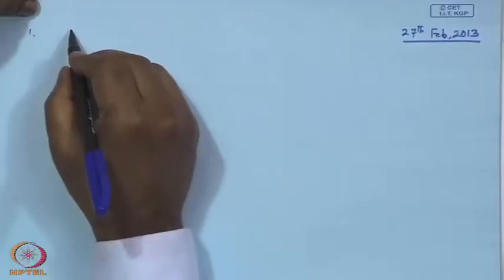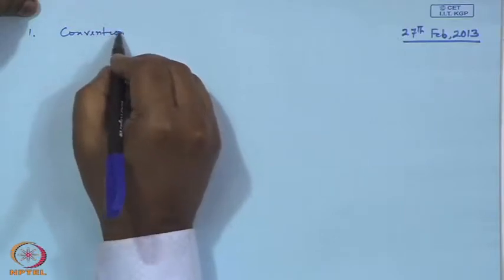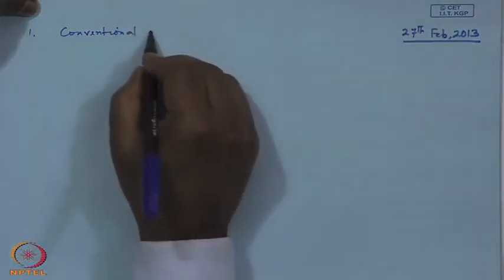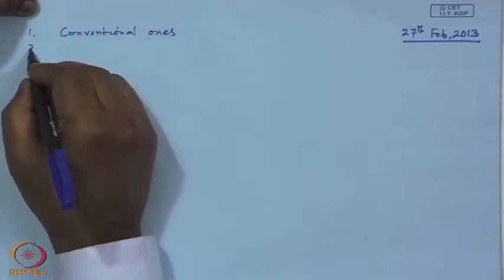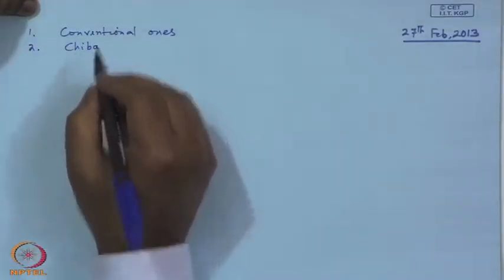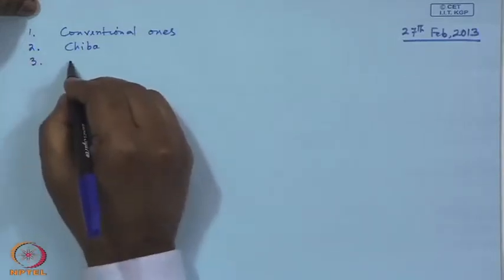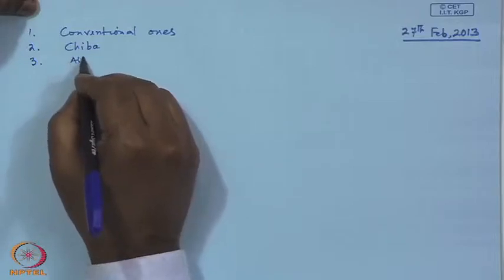I will give you one example just to show how powerful it is. Today we talk about several categories. The first category is the conventional ones, and then the second category is what is called Chiba's method, and the third one starts with alkyne precursors.